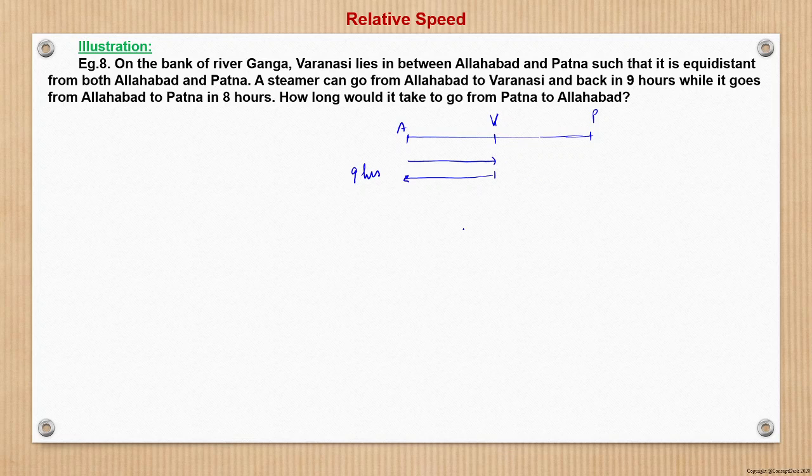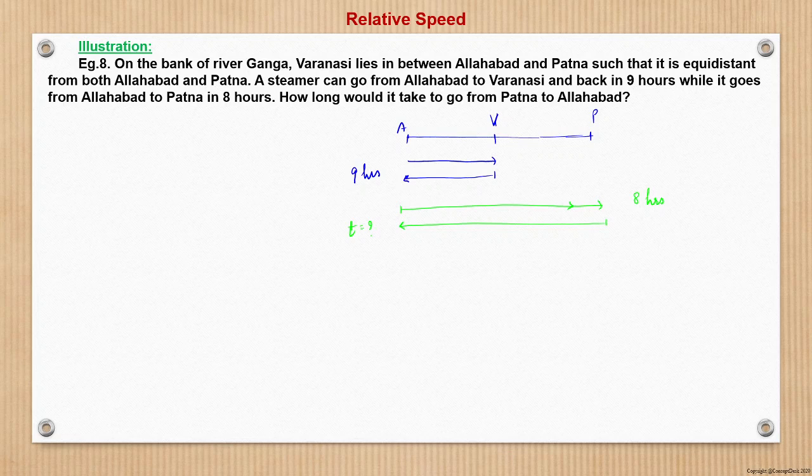While it goes from Allahabad to Patna, that is in this motion, this is given as 8 hours. So how long would it take to go from Patna to Allahabad? This time we have to find.